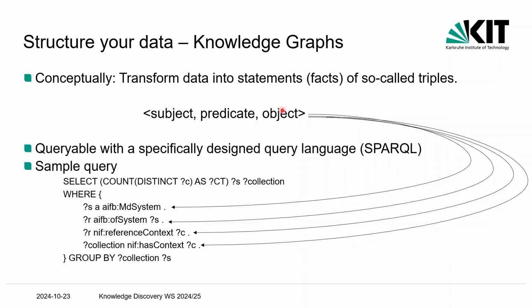So contextually, for so-called knowledge graphs, the idea is that all information is stored in so-called triples, which are statements or facts made up of three parts, namely a subject, a predicate, and an object.